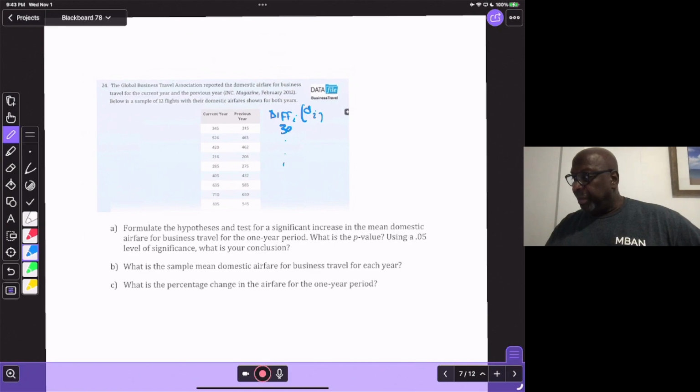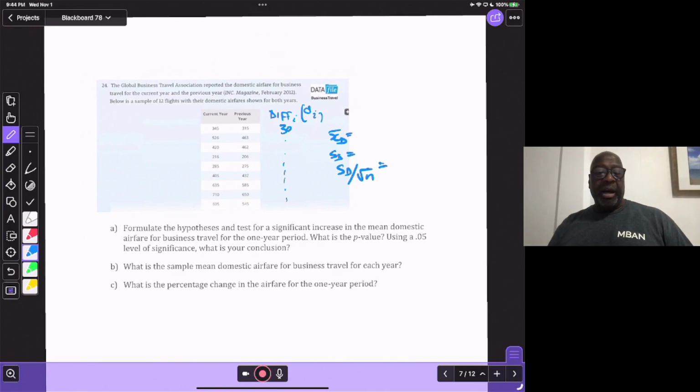I'm going to do that in Excel to calculate those differences, and then I'm going to need the sample mean of the differences. I'll need the sample standard deviation of the differences. And then of course we can find the standard error, s_d over the square root of n, for 12 flights, whatever that turns out to be. So we will have these three pieces of information, and we can calculate the t-value, confidence interval, whatever we need to calculate.